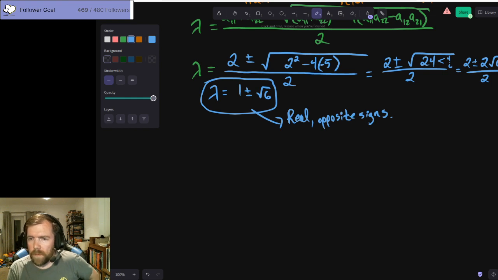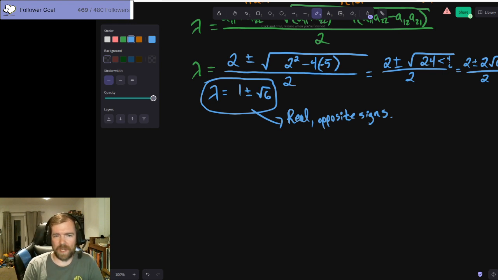What other possible solutions could we get for lambdas, if it wasn't this particular system, if it ended up being just any system? I mean, you could get complex valued things.